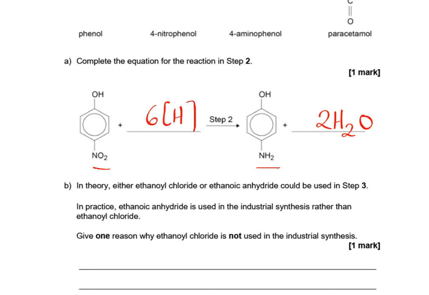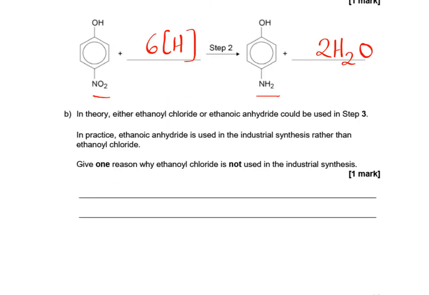The next one, so we've got the acyl chloride versus the acid anhydride, quite a common practical question. So why ethanoyl chloride is not used in the industrial synthesis. So several things that you could write here. Safe one is that it's more corrosive.